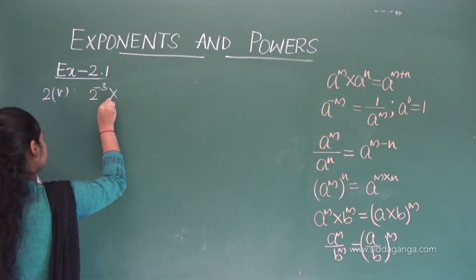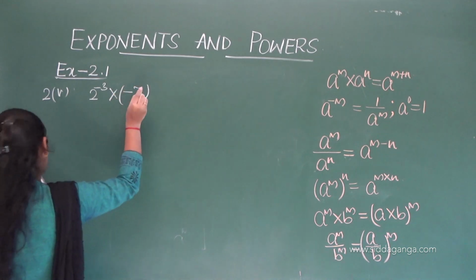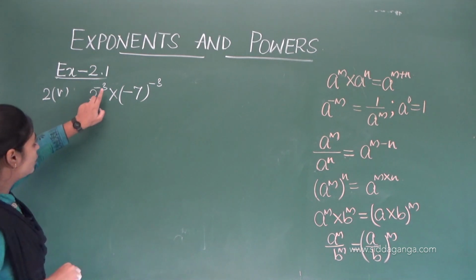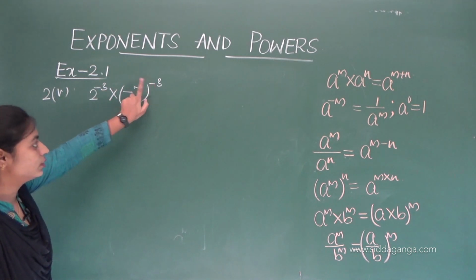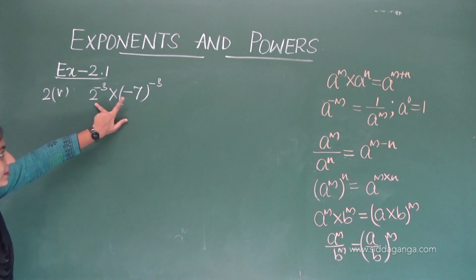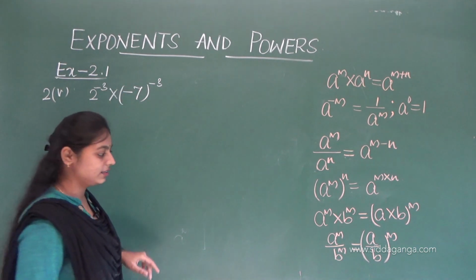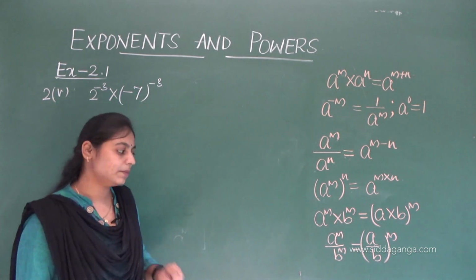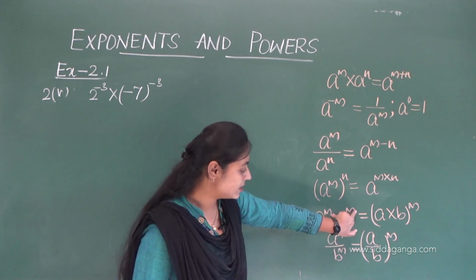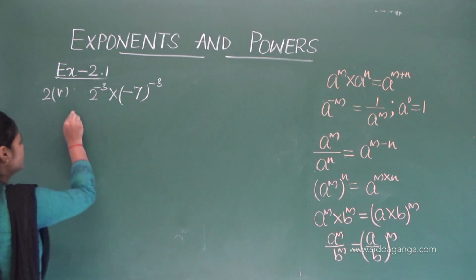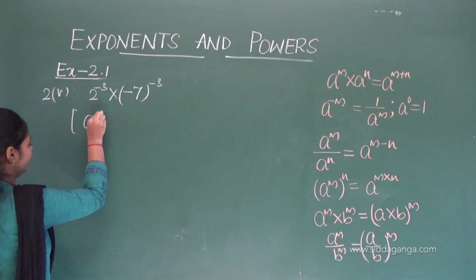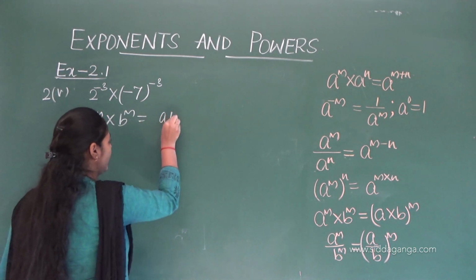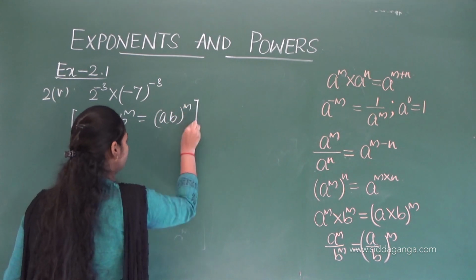2 whole to the power of minus 3 into minus 7 whole to the power of minus 3. Bases change but exponents are equal. a power m into b power m is equals to a into b whole power m.